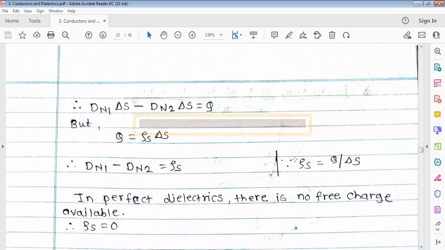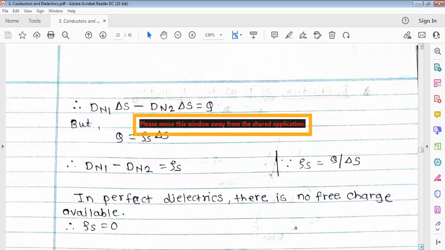Now since rho s is equal to q upon delta s, we have seen these equations already in the second chapter. Now in perfect dielectrics there is no free charge available. When we are considering perfect dielectric material, no free charges are there.